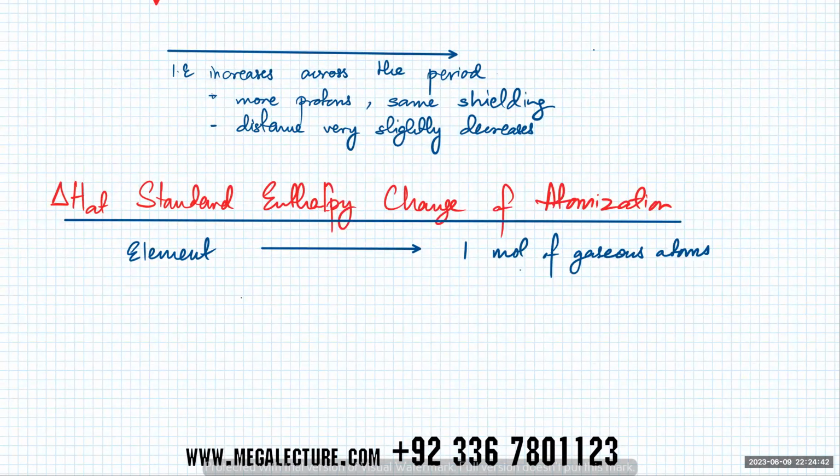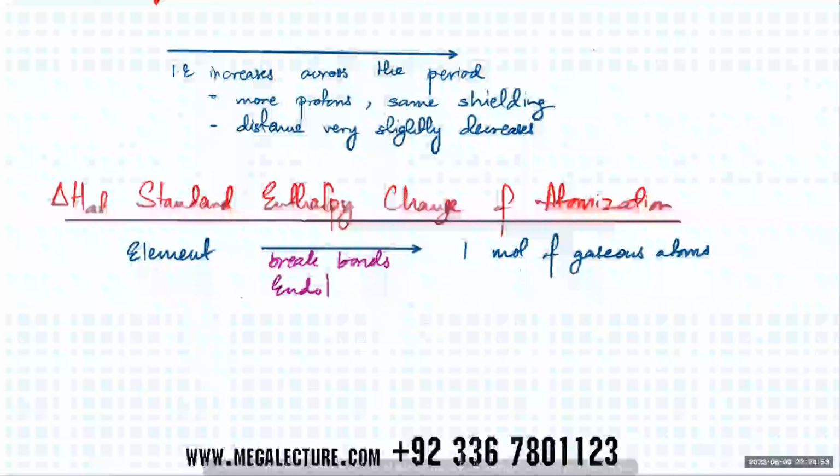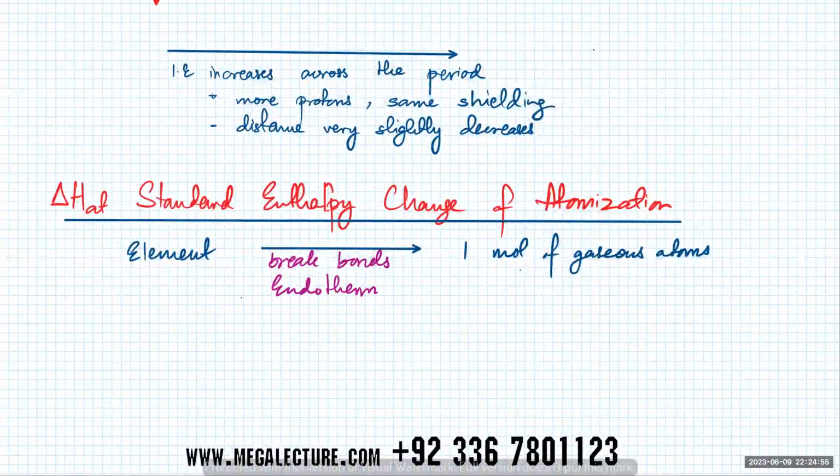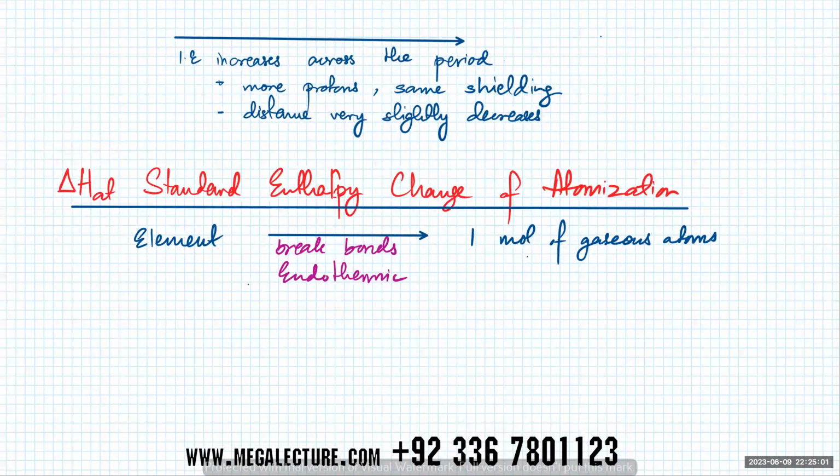Now to do this, you would have to break bonds. So hence it's always going to be endothermic. So you're going to take an element and break it into atoms. When you're breaking bonds, that's going to be endothermic. Is that clear, Varda?